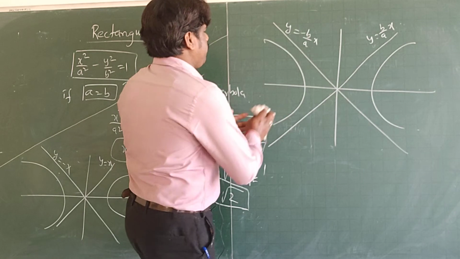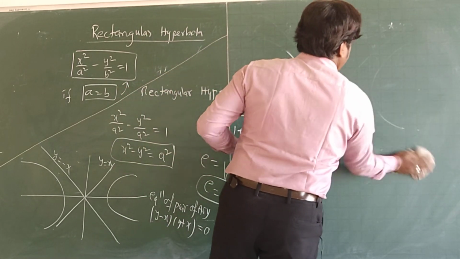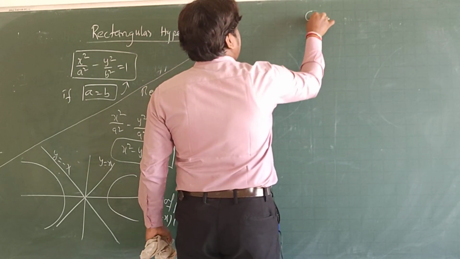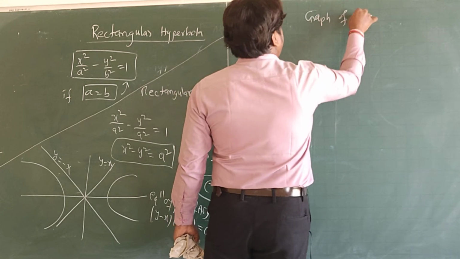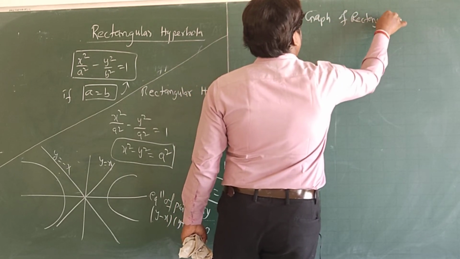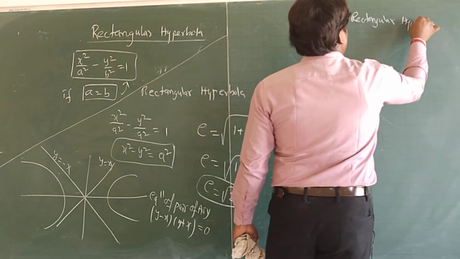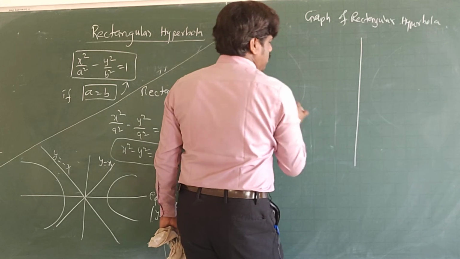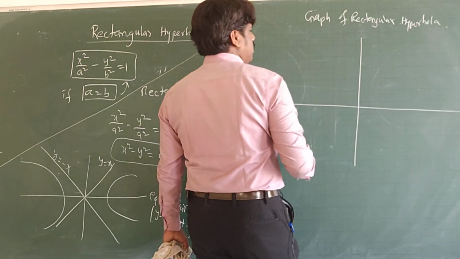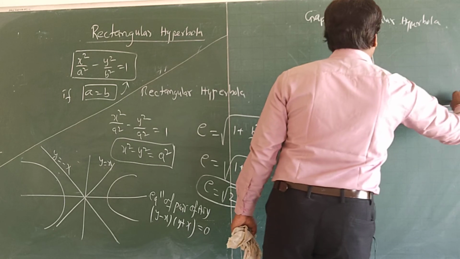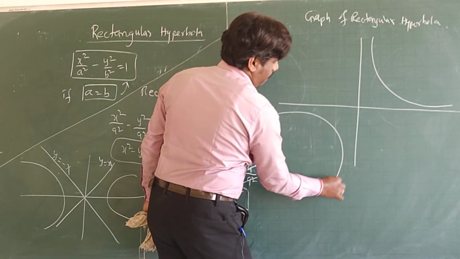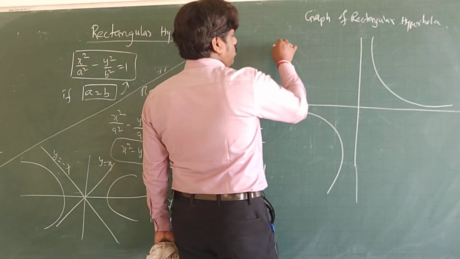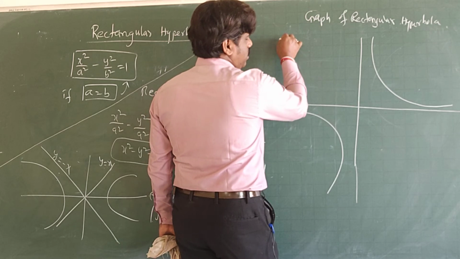The graph of the rectangular hyperbola will be like this. This moves in this way and this moves in this way, and the asymptotes you will get like this.